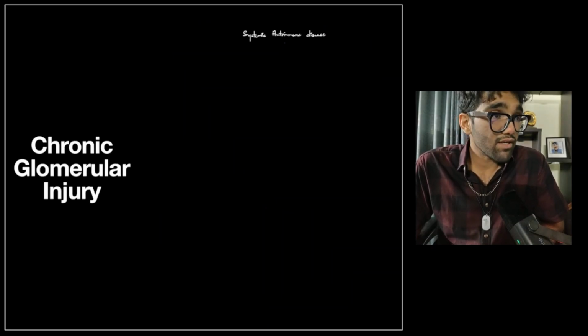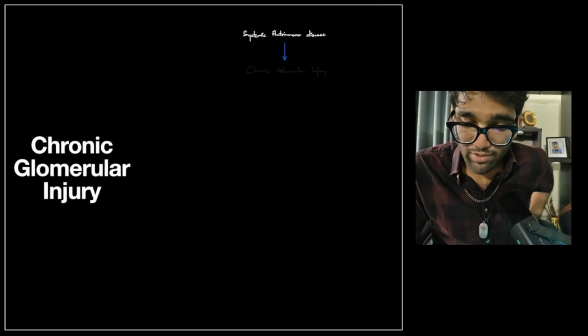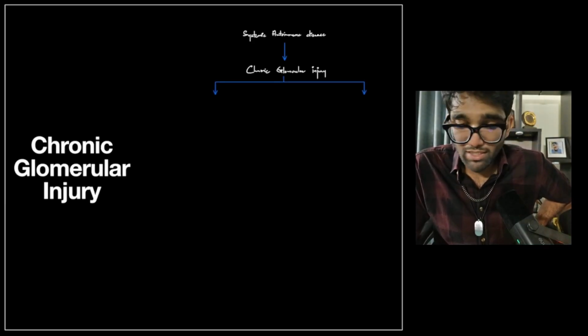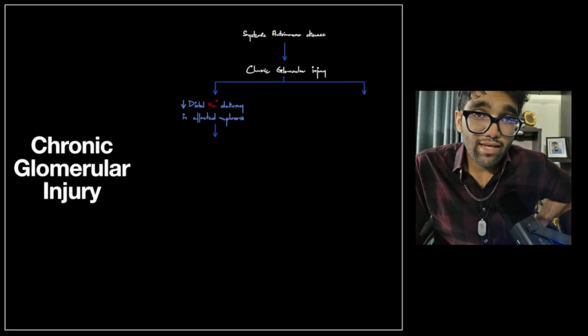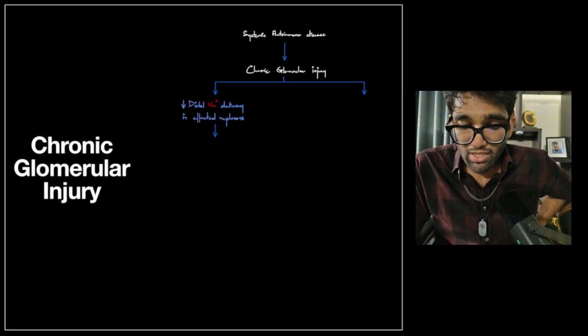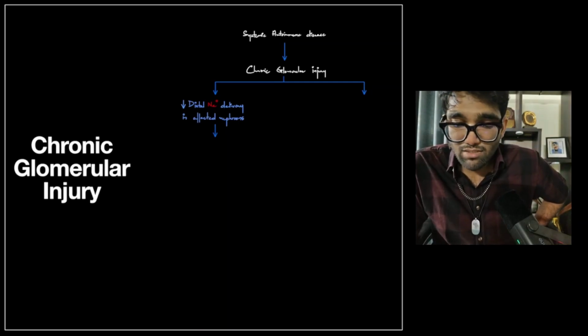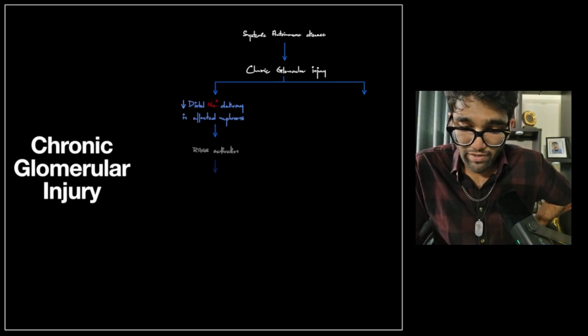When this damage becomes chronic, what ends up happening is slightly different. As time goes by and the inflammation has caused significant damage in the glomerulus, there are some glomeruli that just don't have enough effective glomerular filtration. So as a result of that, there is decreased distal sodium delivery to the juxtaglomerular apparatus of these affected nephrons.